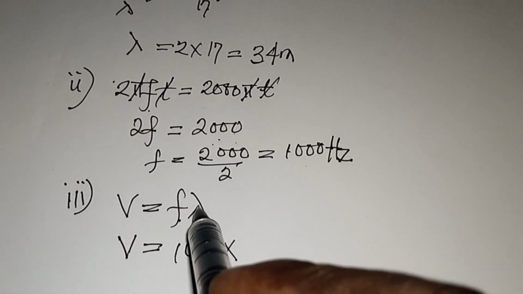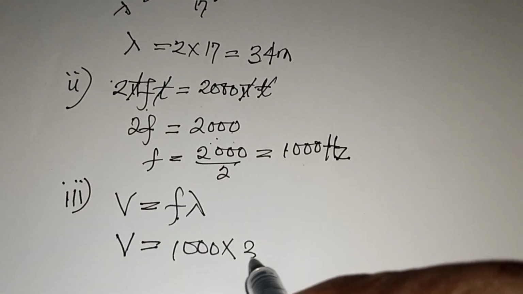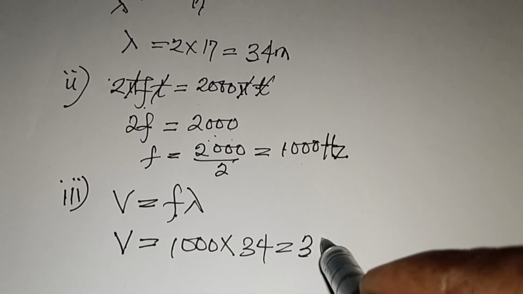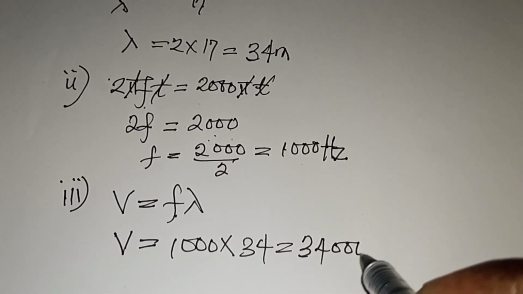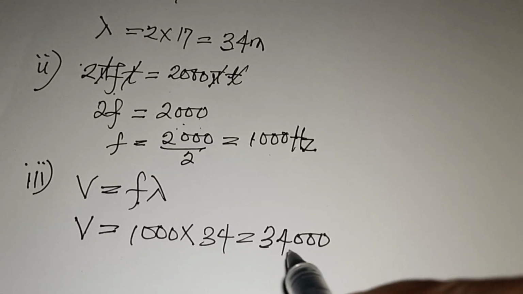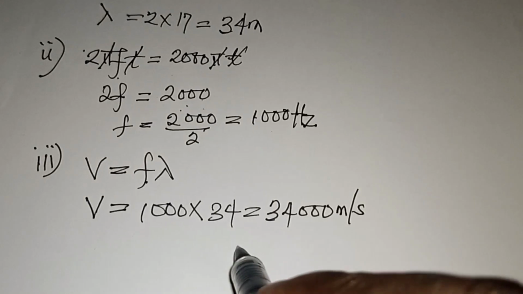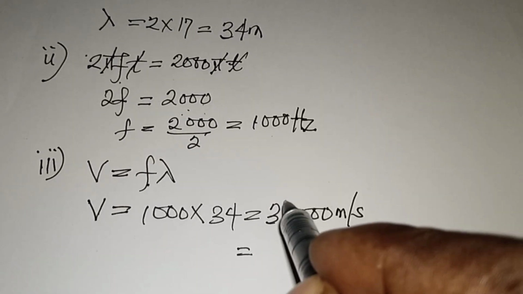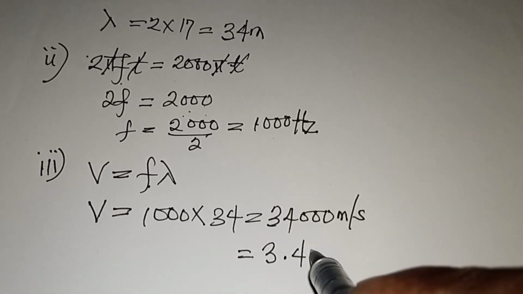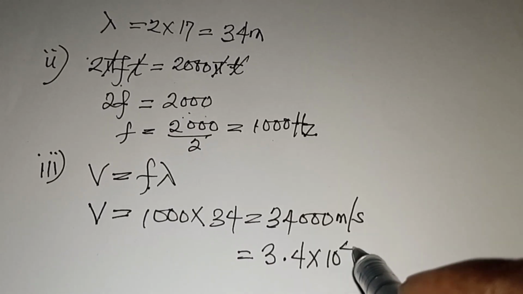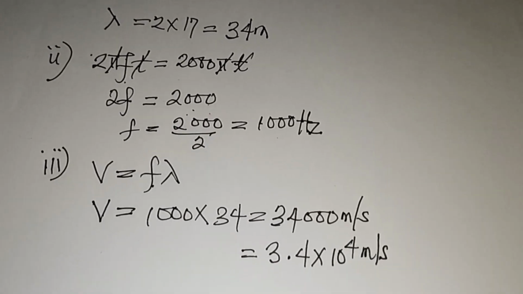This will multiply by the wavelength, which is 34, and you have the result to be 34,000. Remember the velocity is in meters per second, or you can leave your answer in standard form as 3.4 times 10 to the power of 4 meters per second.